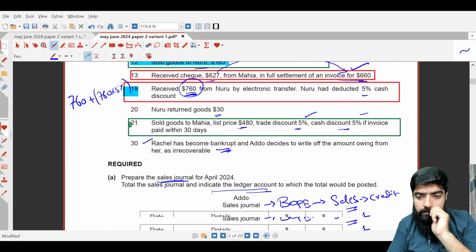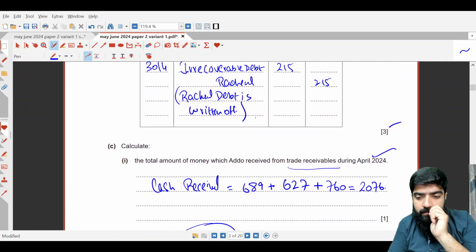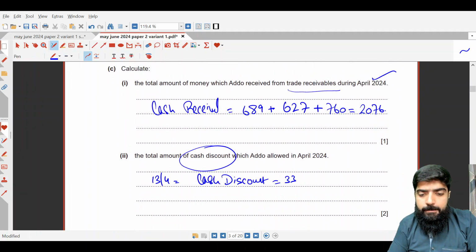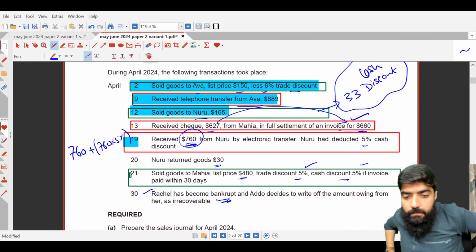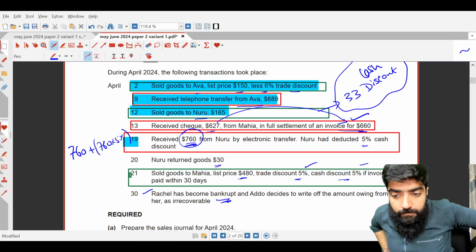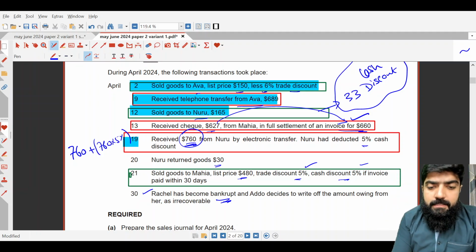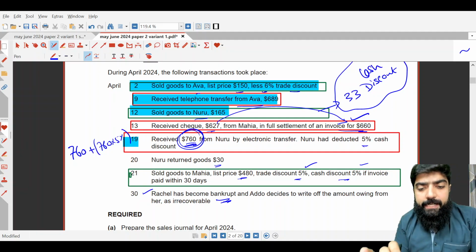Is it wrong? Yes. Okay, let me give you an idea. 760 is basically the net amount, right?